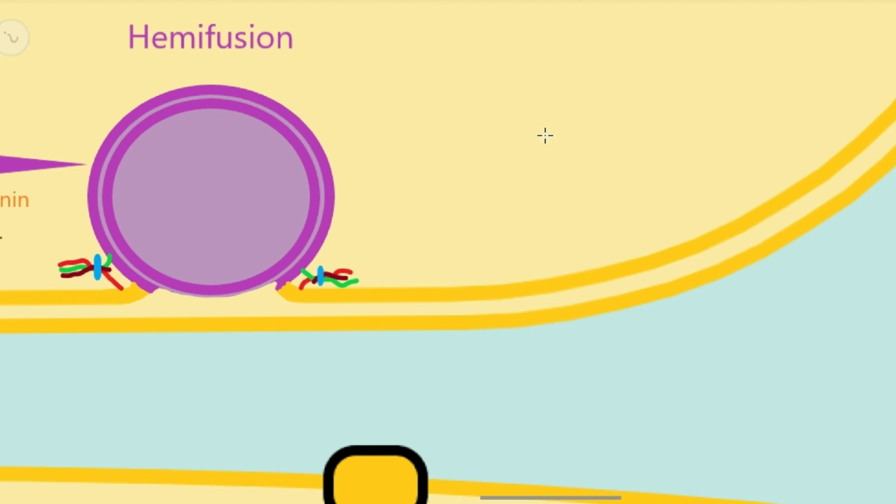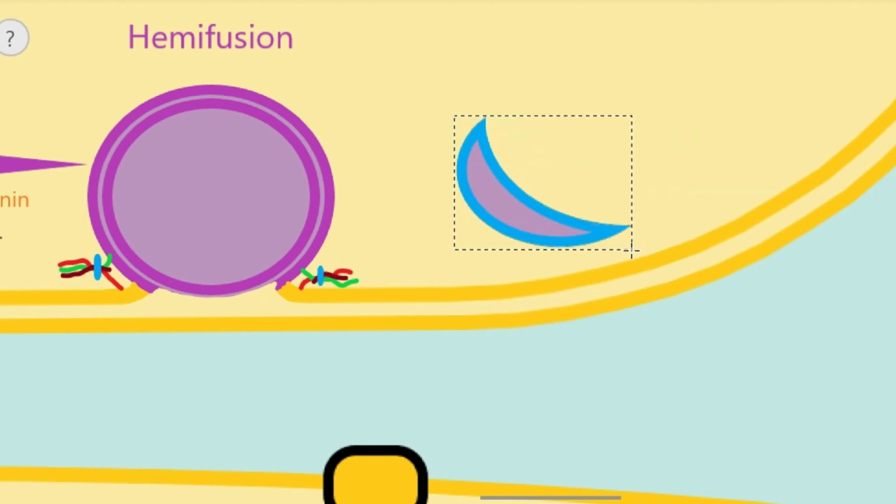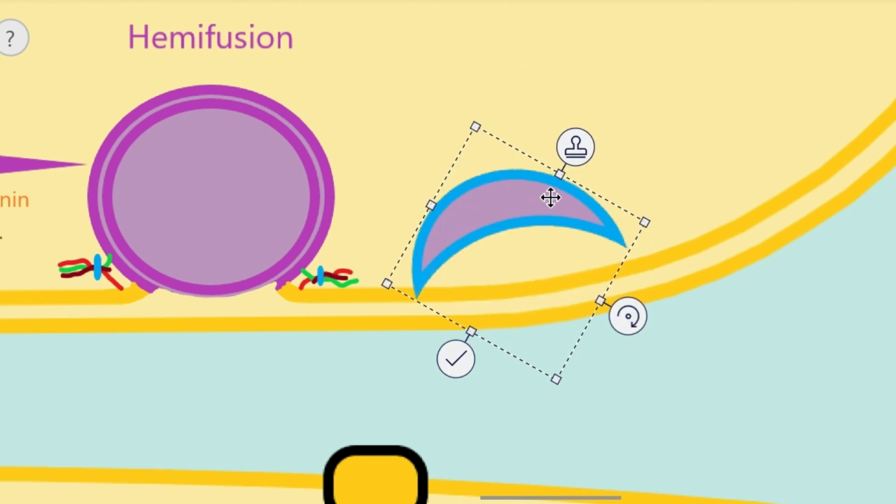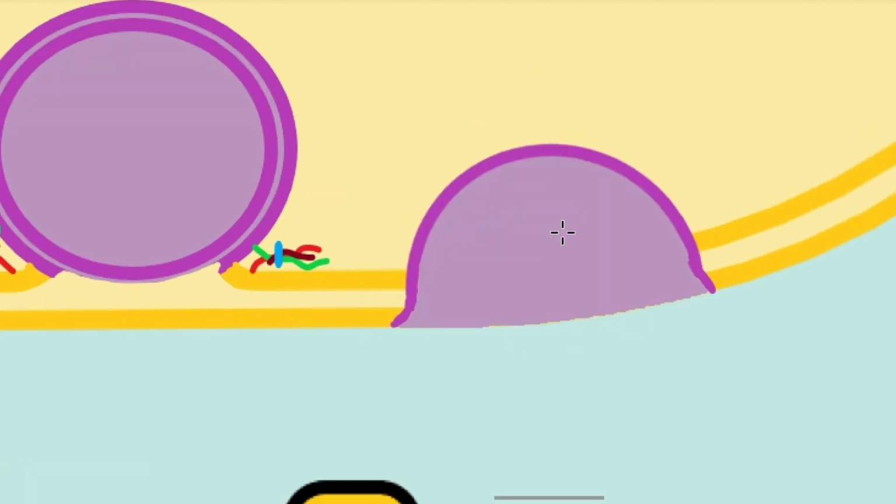I'm just trying to think how I should draw this now because this is also going to look weird because I've used different colors for the vesicle and the membrane. And so as your vesicle fuses with your membrane, as I've tried my best to represent here, again, different colors don't quite make as much visual sense.